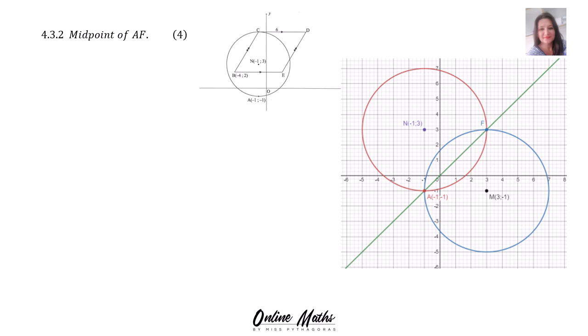On number 4.3.2, they want the midpoint of AF. In other words, they want the coordinates of that midpoint of AF. So what is happening is, do you agree there is a line NM and there's the line y = x.